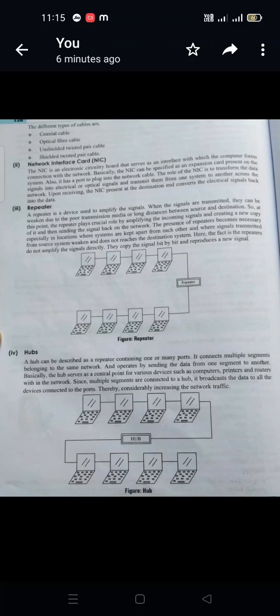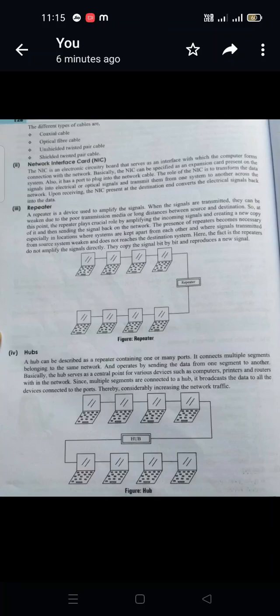Same network computers can be connected to one hub. By sending the data from one segment to another, the hub serves as a central point for various devices. You can connect a printer, scanner, whatever hardware devices, all connected to a centralized hub.